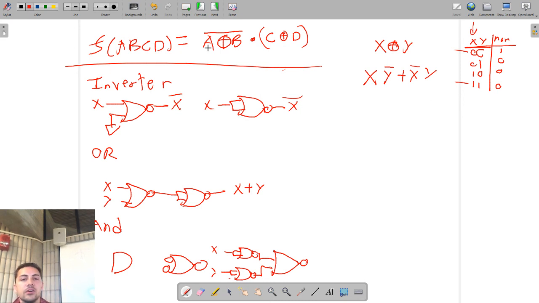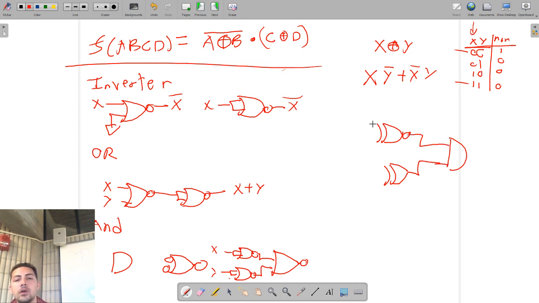So this, it's a bit of a longer function, but we can do it because what we need is, well, let's just draw what it would actually be. Exclusive NOR ANDed with exclusive OR.